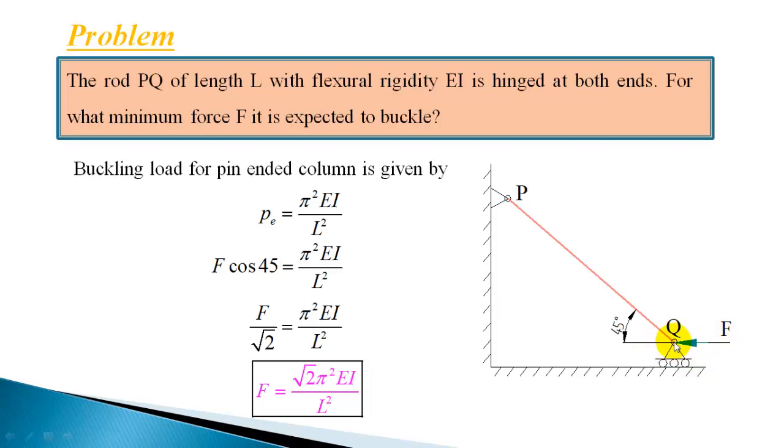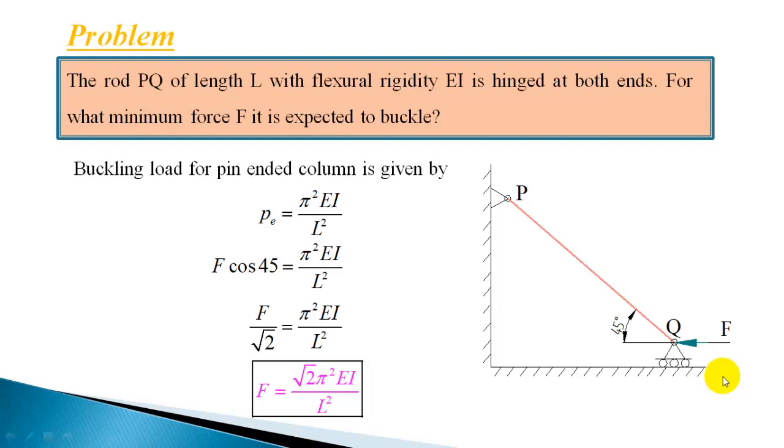If you extend the rod along its axis, F makes an angle of 45 degrees with the axis, and if you resolve F along the axis, you get F cos 45. The other component acts perpendicular to the axis, which is F sin 45.